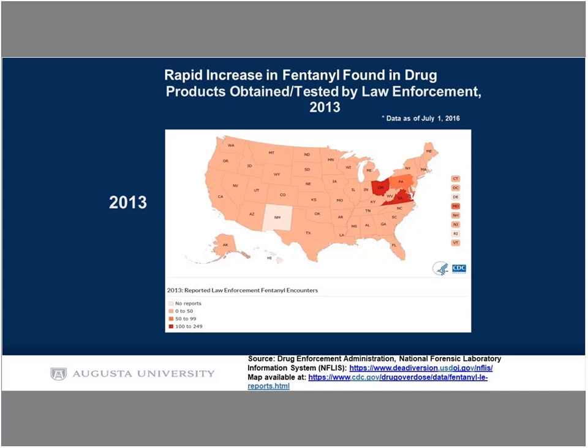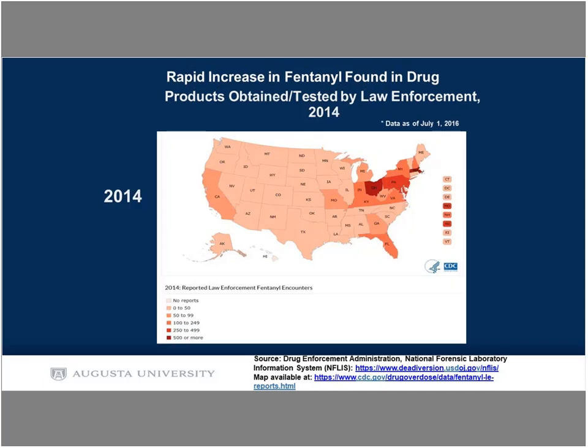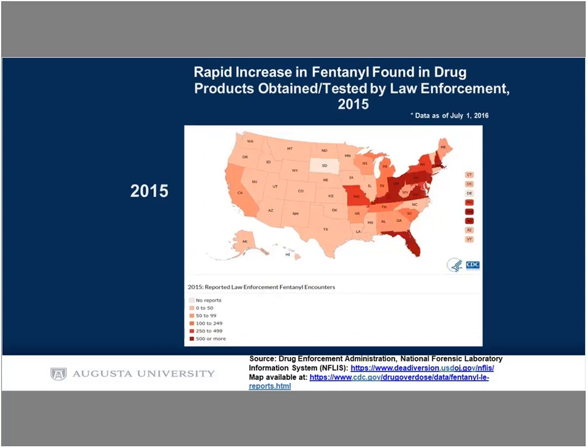But then watch as we click through these slides. In 2014, more states start to turn darker colors. 2015, still more states start to turn darker colors. So you can start to see the fentanyl spreading from those northeastern states and moving across the country gradually.